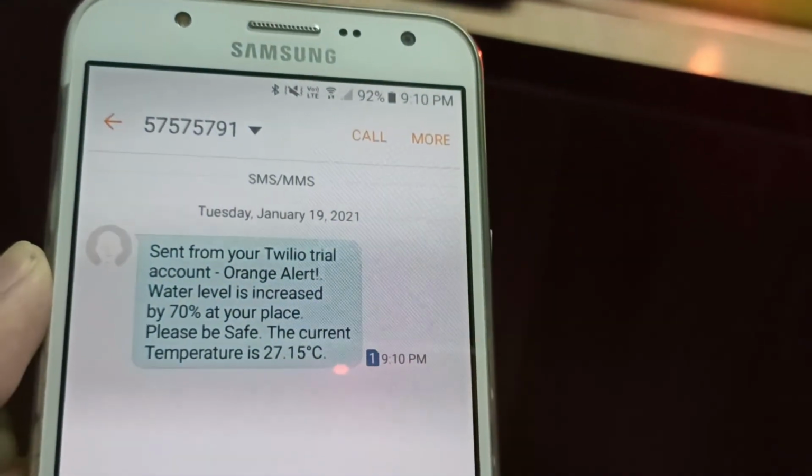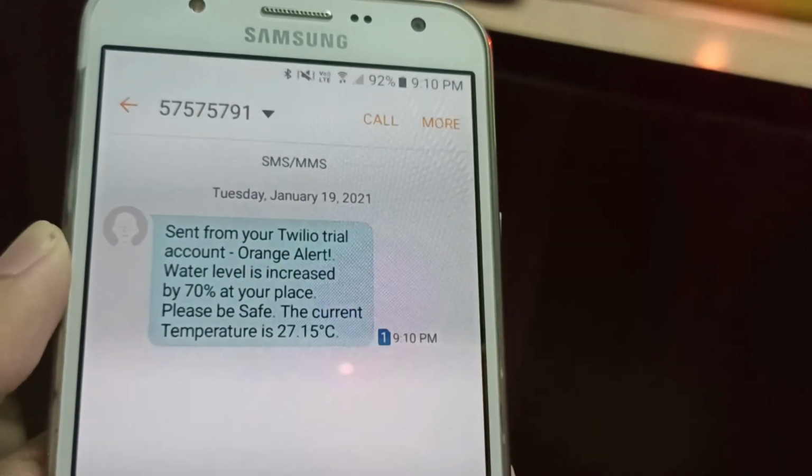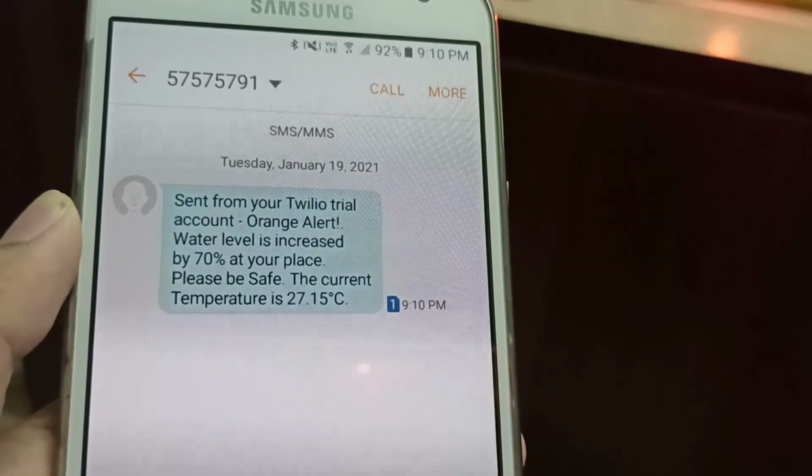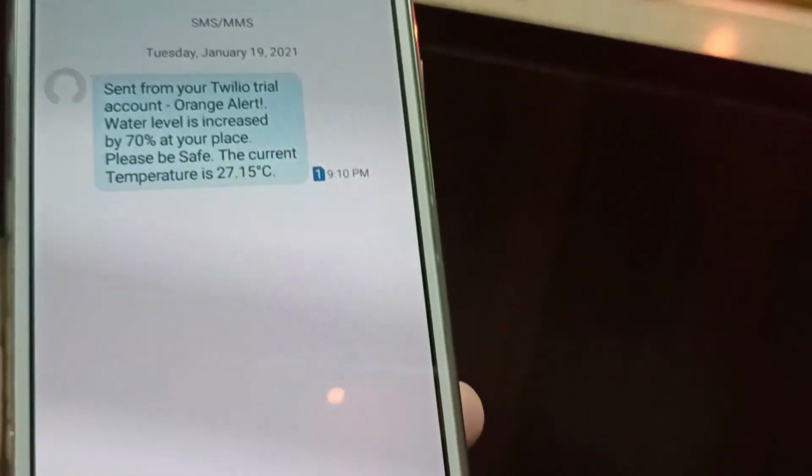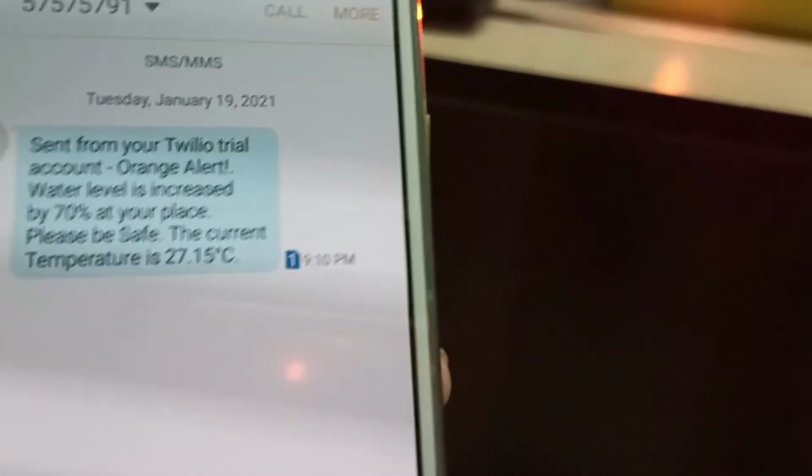We can see that we got an SMS alert saying orange alert, water level is increased by 70% at your place. Please be safe. The current temperature is 27.15 degrees Celsius.